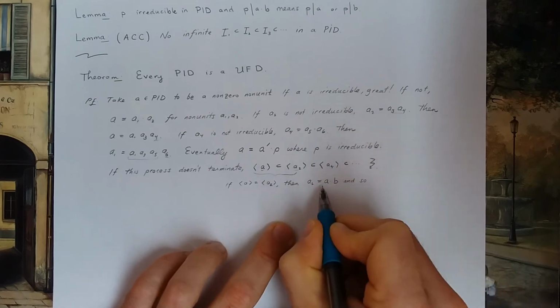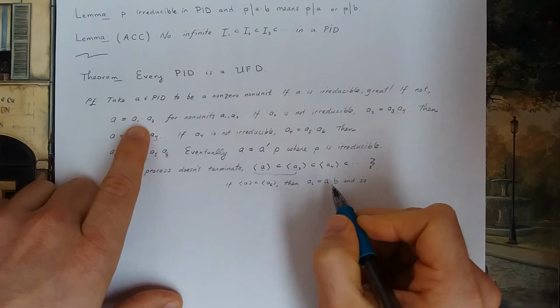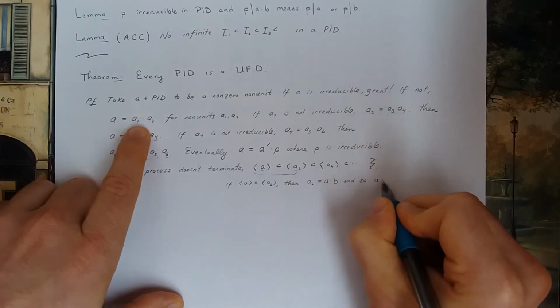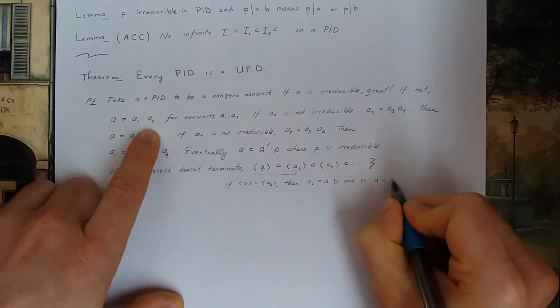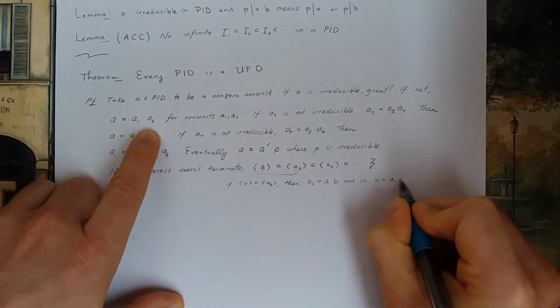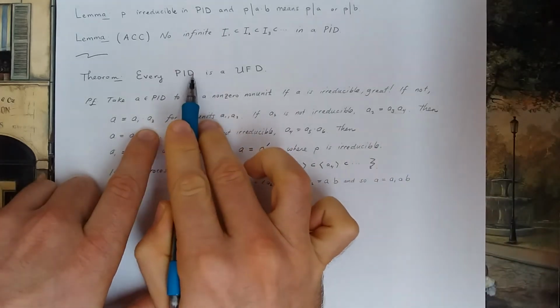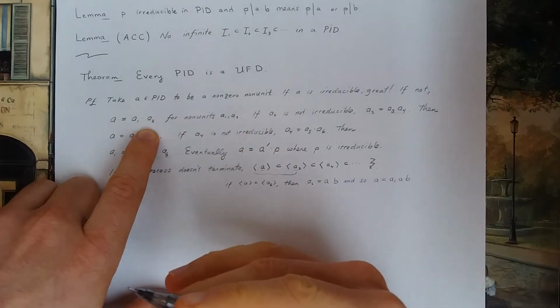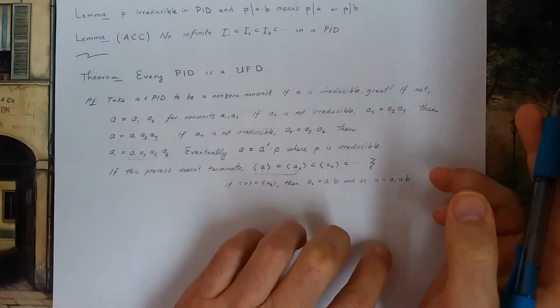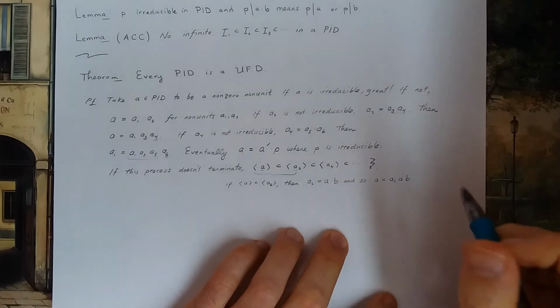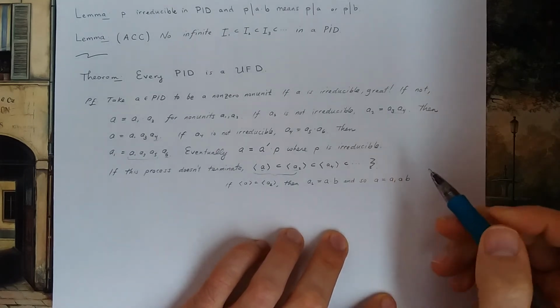And if that happened, then I can go back to this equation and say A is equal to A1 times A B, and I'm in a principal ideal domain, which itself is an integral domain, and in an integral domain you can do cancellation. The cancellation laws hold.